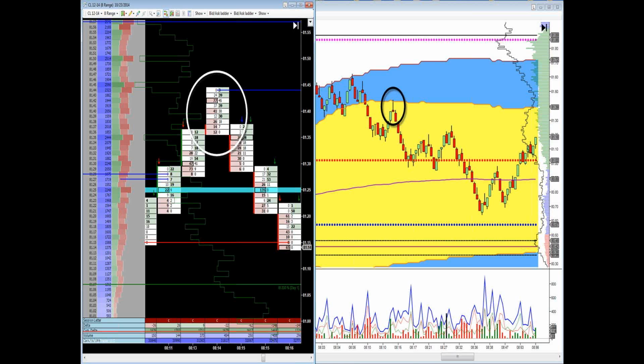So if you don't have Ninja, it's not a reason not to get it. Definitely. I have no trouble running both at the same time. But you can just run the Ninja charts and trade from your DOM on whatever platform you're using.